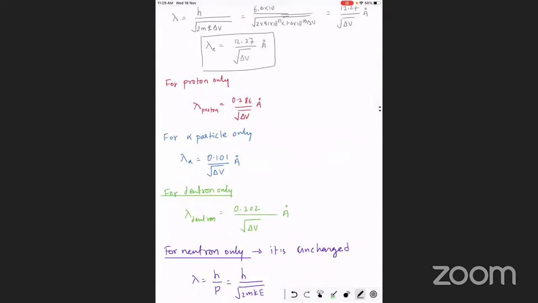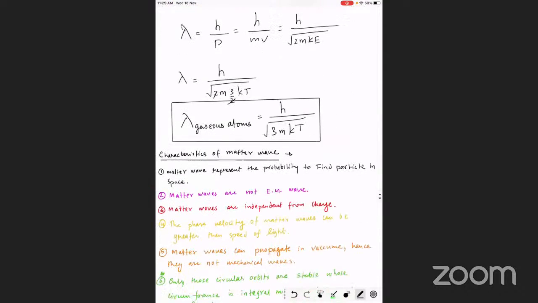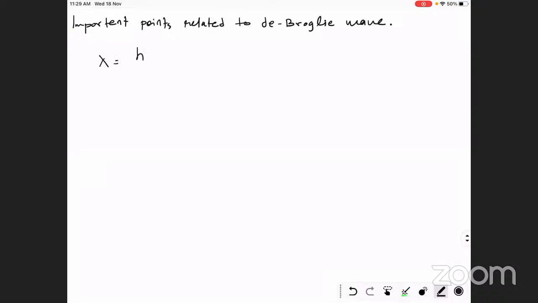देखो, important points related to de Broglie wave. बच्चों, if a particle is moving, then the wavelength associated with the particle is lambda equal to h by p, and you can write it as h by mv.